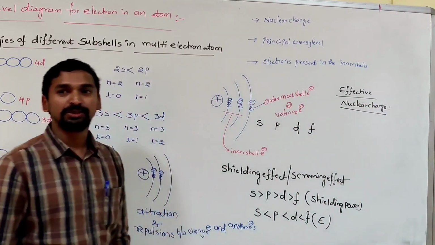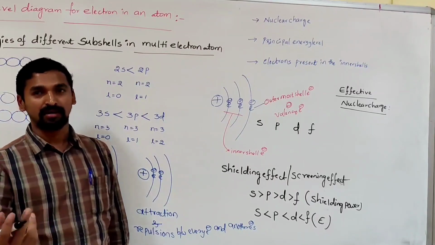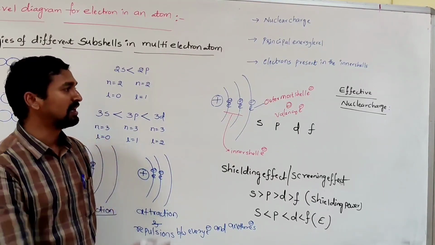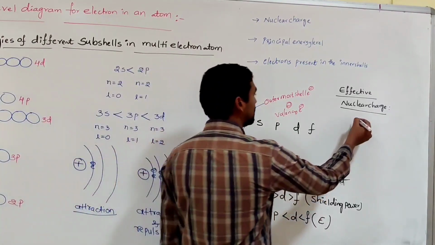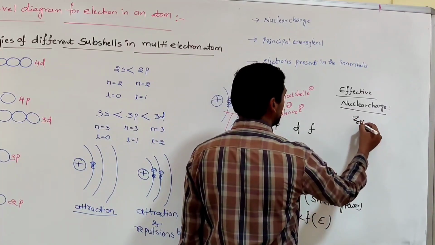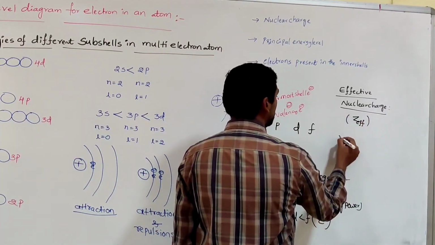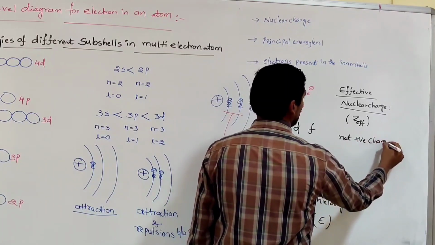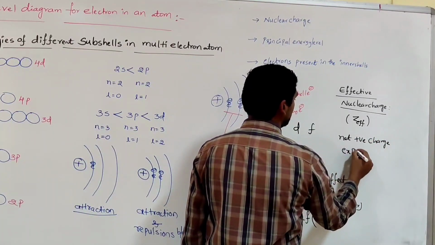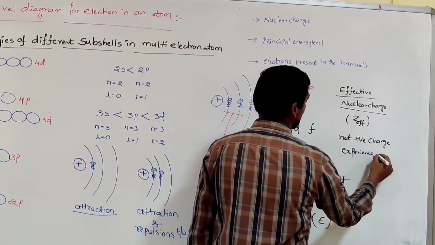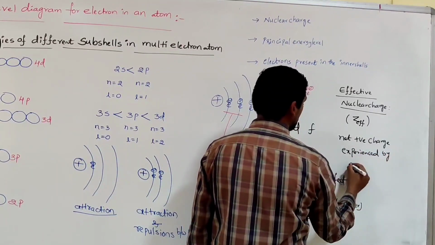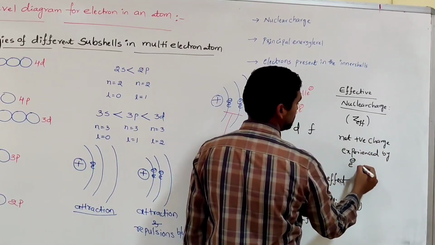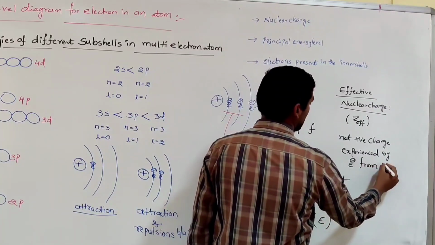The net positive charge experienced by an electron from the nucleus is called effective nuclear charge. That is generally represented with Z effective. So, the net positive charge experienced by electrons from the nucleus.